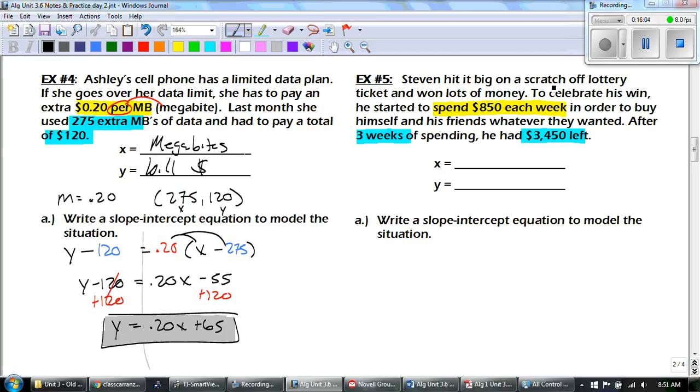Okay, so x is the weeks and y is going to be his money. The key thing I wanted to talk about for this one is that he is spending money. So is that going to be a positive slope or a negative slope? Yeah, that's going to be negative 850. And then our point is (3, 3450).